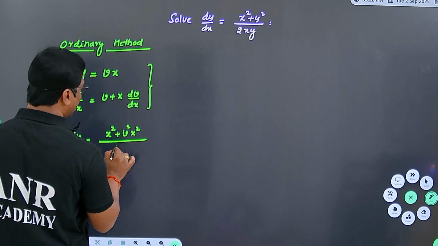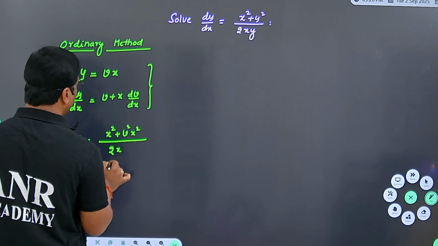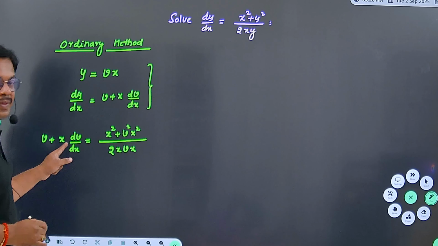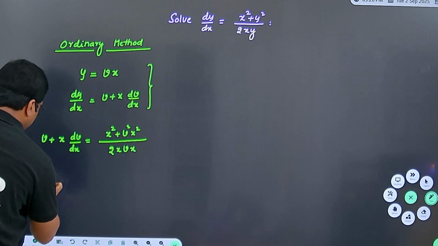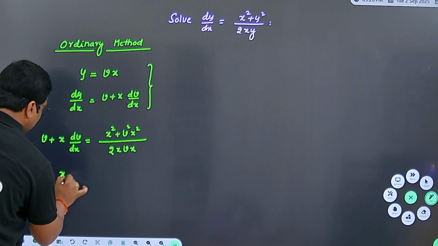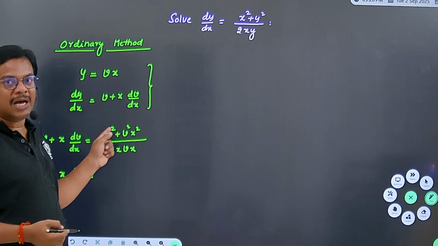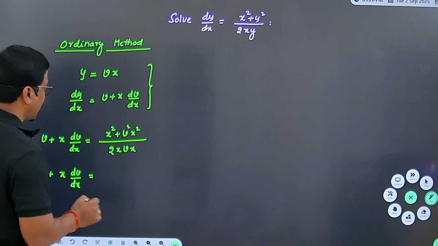Next, the denominator part is 2 times x into y, value v into x. If you simplify this, v plus x into dv by dx is equal to, here in the numerator and denominator the common entry is x square.